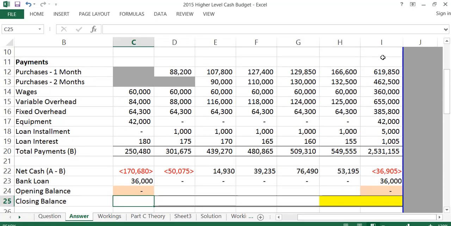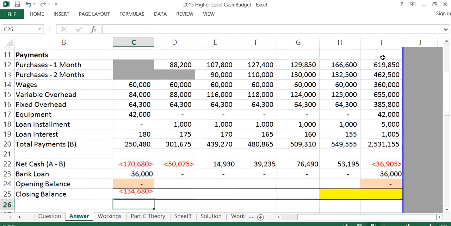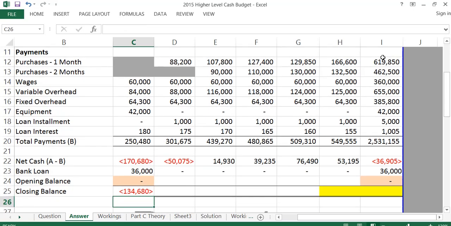So now I need to work out my closing cash. So to do that, I'm just going to add these down. Minus 170,680 plus 36,000 plus 0 gives me minus 134,680. My closing cash in July is going to be my opening cash in August. And again, I just total these down to give me minus 184,755. My closing cash this month, my opening cash the next month.